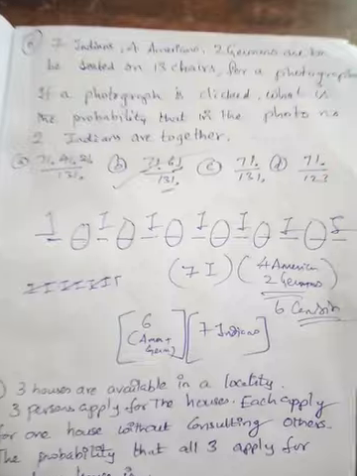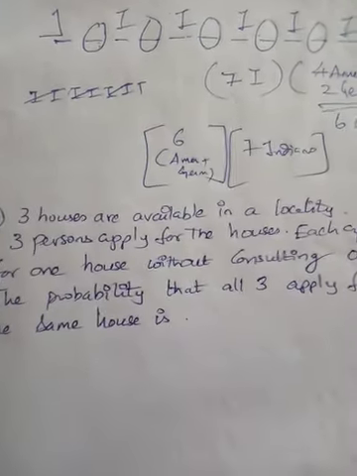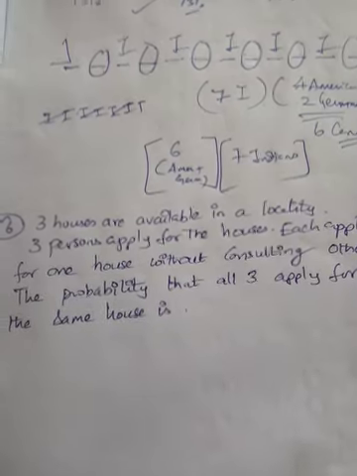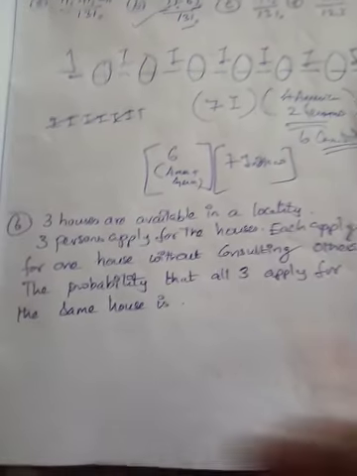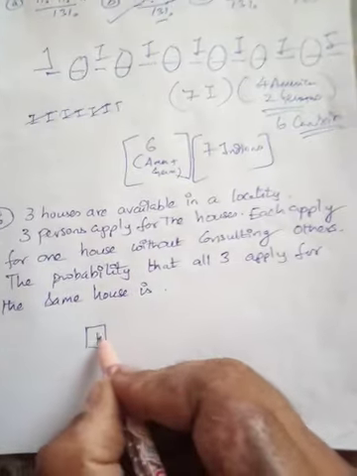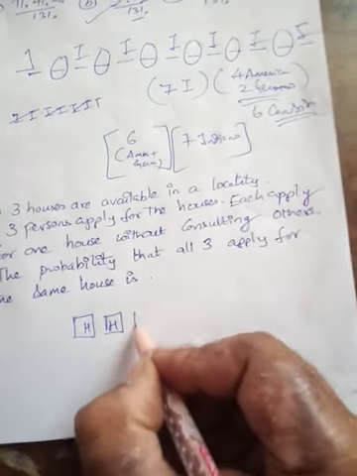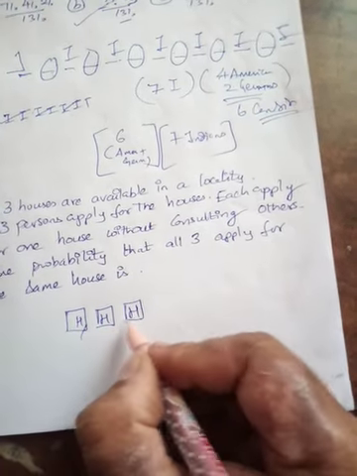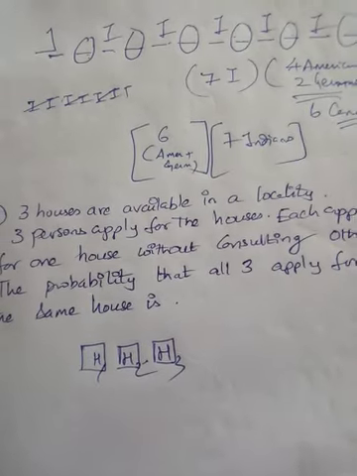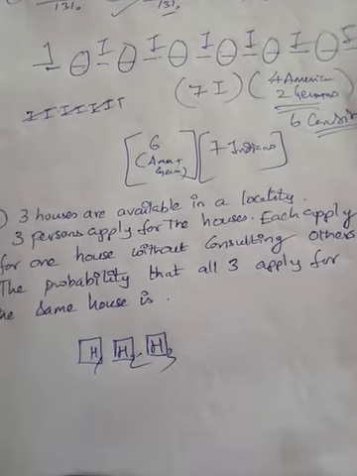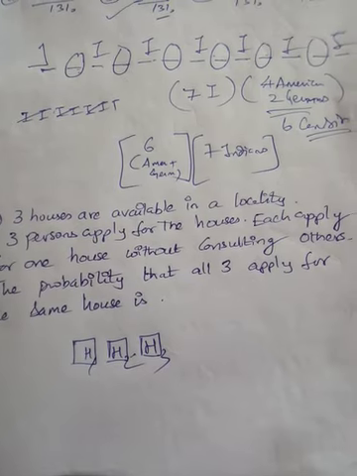Let me go to the next question. 3 houses are available in a locality. House 1, house 2, house 3. 3 persons apply for the houses.